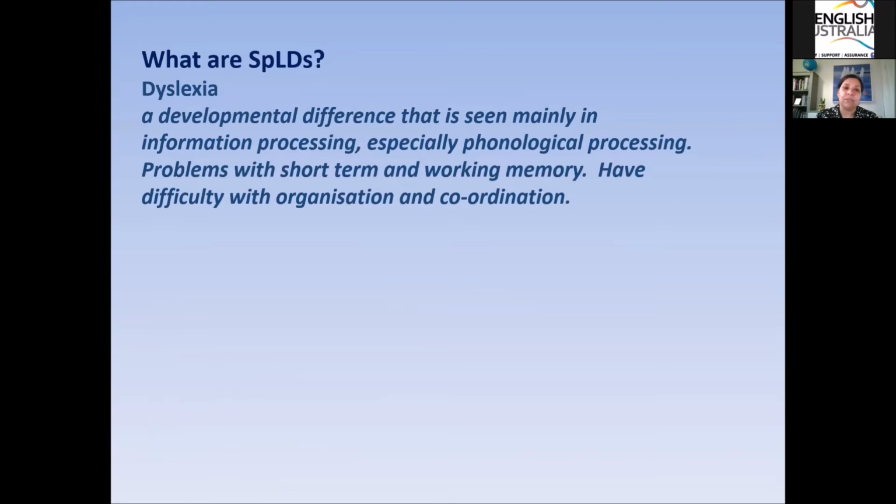Learners with dyslexia often have problems with short-term working memory, so they don't retain things as well as someone who doesn't have dyslexia. And they have difficulty with organization and coordination.